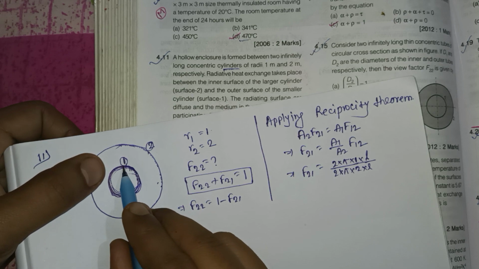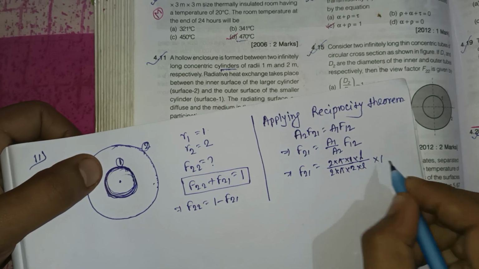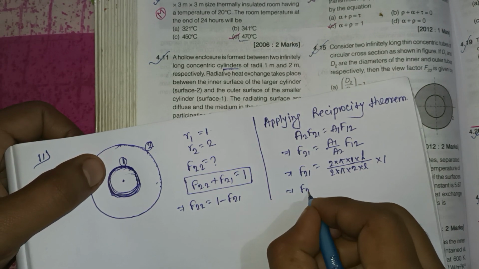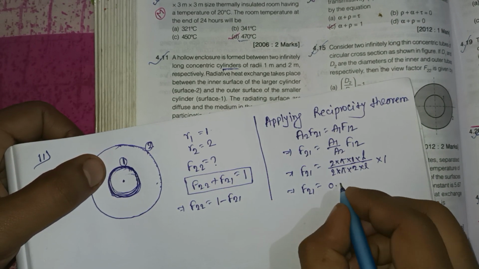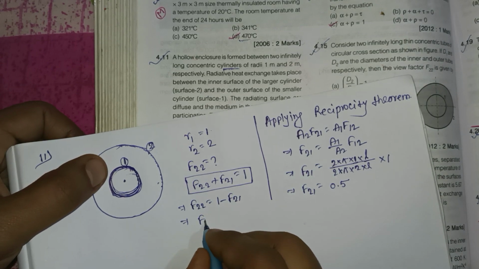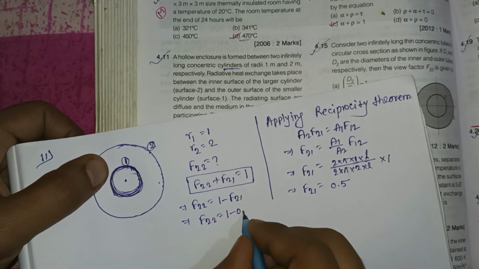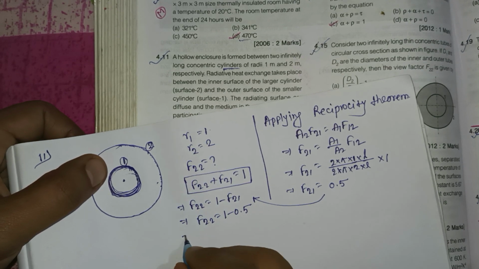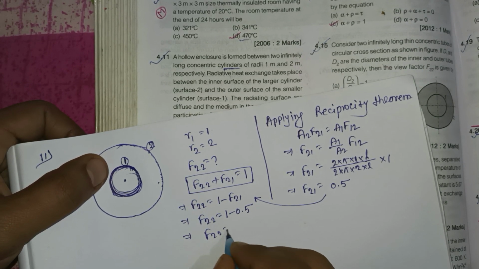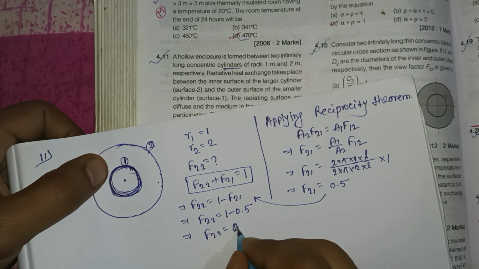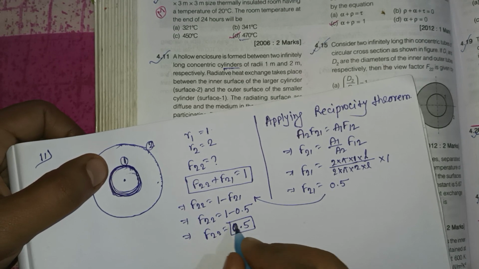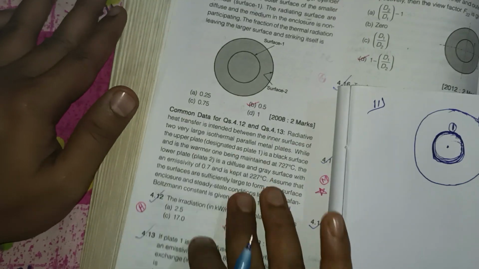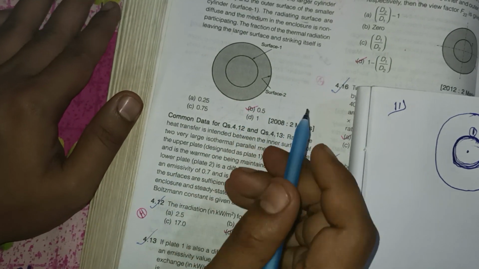That's why F12 is equal to 1. If you calculate that, then F21 is equal to 0.5. From here F22 is equal to 1 minus 0.5, so F22 is equal to 0.5. So this is the correct answer. The correct answer is option B, 0.5.